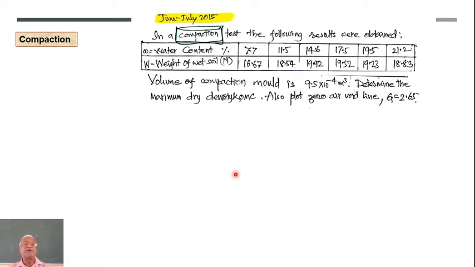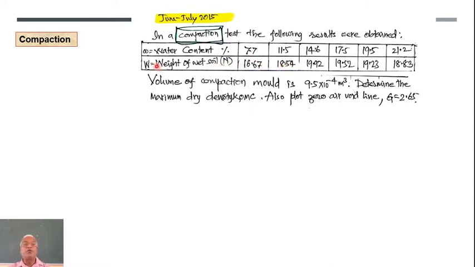Then they have said further, the volume of the compaction mold is 9.5 into 10 raised to minus 4 meter cube. They have not given it in millimeter cube or cc or something like that, but directly in meter cube, whereas the weight is mentioned in Newton.